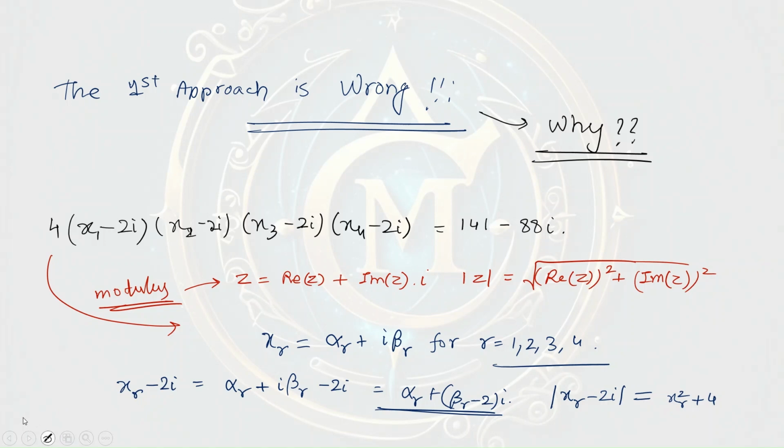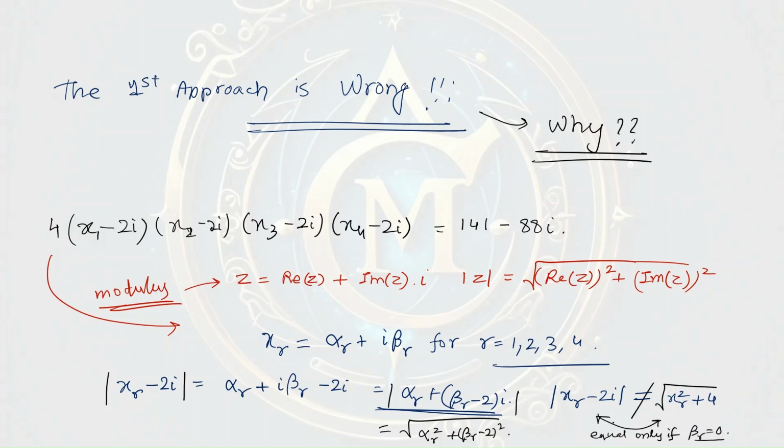This we cannot tell in general, because when we take the modulus both sides, the modulus of xr minus 2 iota will be root under alpha r square plus (beta r minus 2) whole square. So we can only tell that these two are equal only when beta r equal to 0.